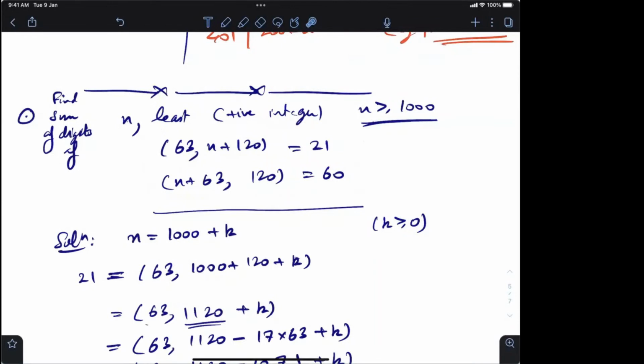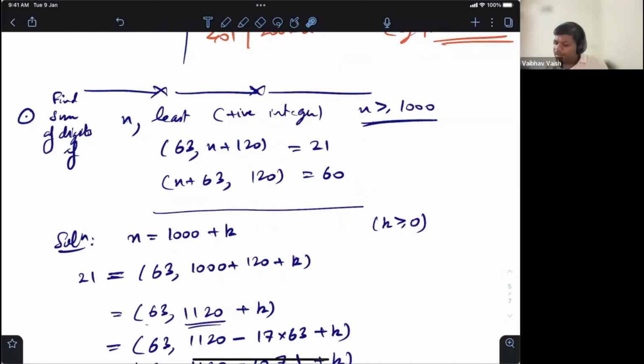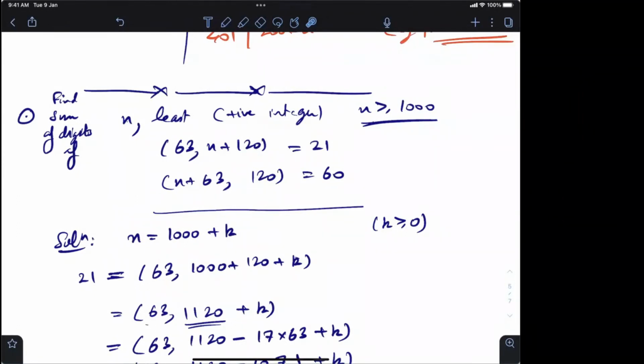We can write that n is equal to 21a plus 6, where a is any number. Then n is equal to 60b plus 57 from the second equation. Sure. But still you have to solve a congruence relation. I'm trying to solve the congruence relation for k, for n equal to 1000 plus k.